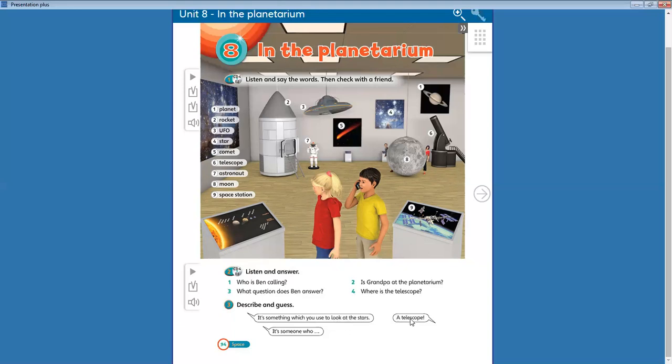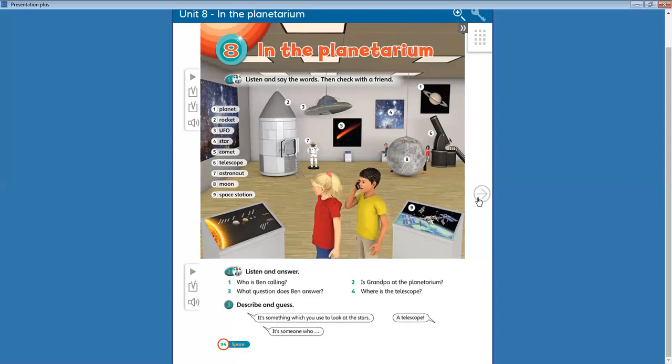Yes, it's a telescope. We have to work in pairs. One asks another, for example, something which you use to look at the stars. What is it? If we are talking about persons, we have to use 'someone who'. 'Something which' is for objects, 'someone who' is for persons.